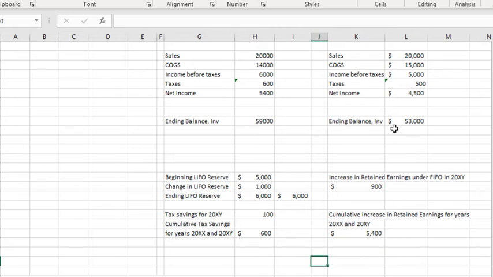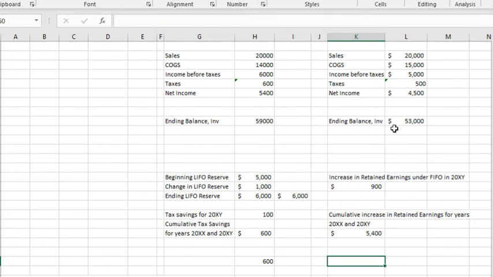The way to calculate cumulative tax savings over the years is you can practically take the LIFO reserve and multiply that by the tax rate, assuming the tax rates don't change. That's going to give you the cumulative tax savings under LIFO over FIFO.